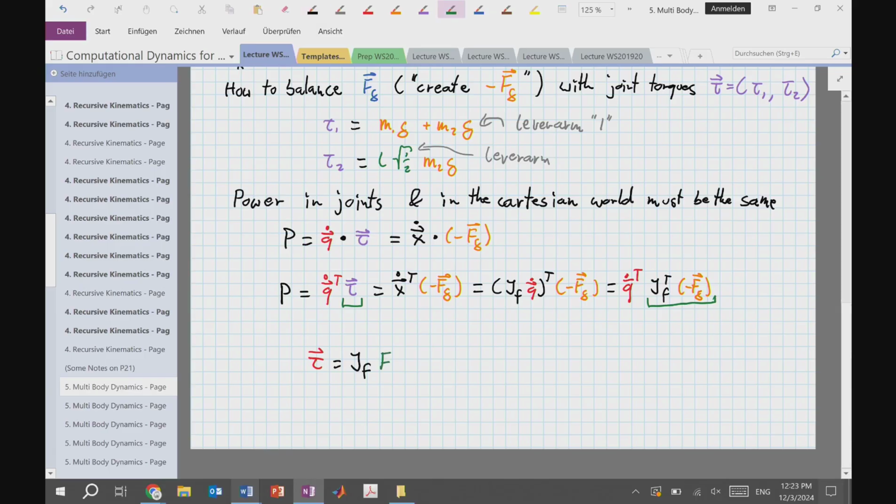And in the Cartesian world, this is where my forces F live. This is where my X and X dot would live. And tau is simply JF transpose, the transpose of the Jacobian multiplied with F. And this is based on the same Jacobian that would give me the velocities X dot from Q dot.